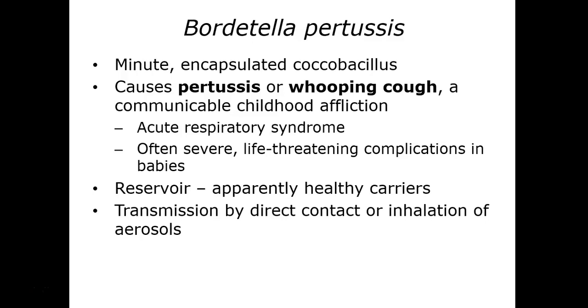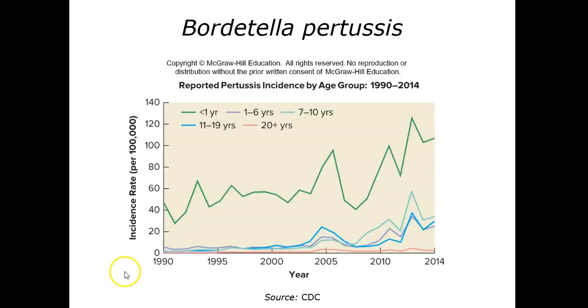Transmission can occur either through direct contact with a healthy carrier adult, or from inhalation of aerosols. Coughs and sneezes can also transmit the pathogen. So we have seen pertussis incidence has started to rise in recent years, even though as a general whole, we've seen a decrease in infections since the late 70s.